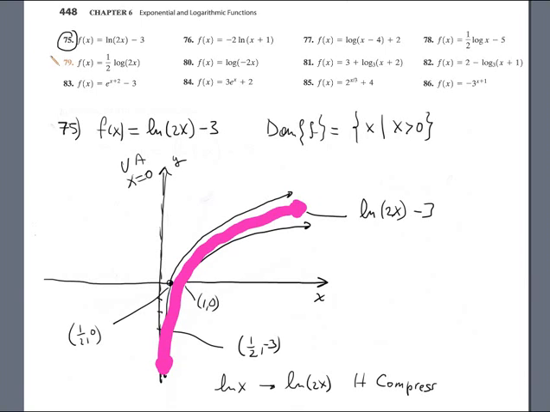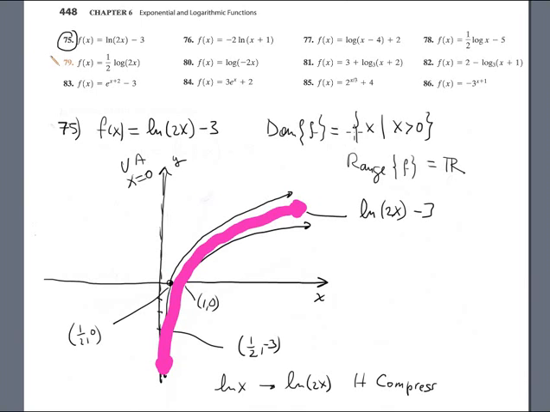Now look at the graph. You can see the range of f is obviously all real numbers. Look at the graph, because it covers everything, positive and negative.